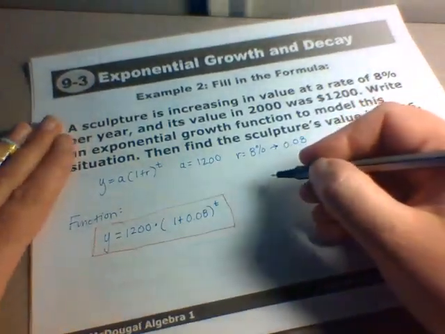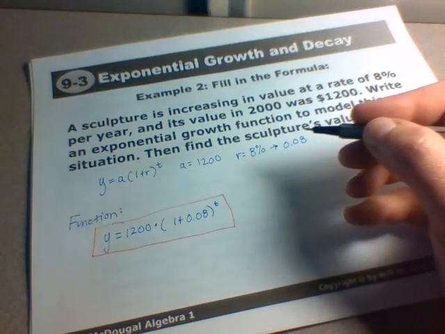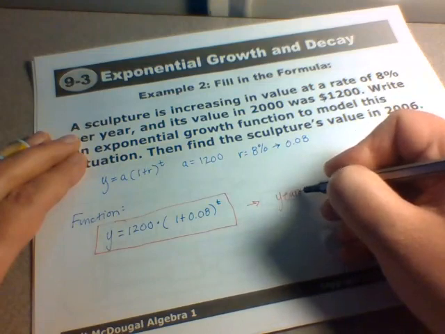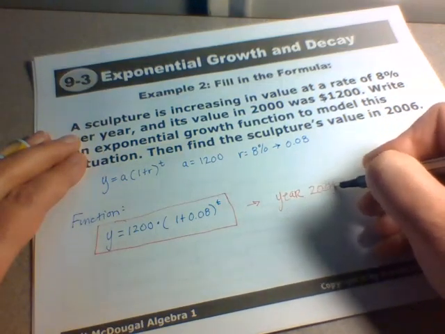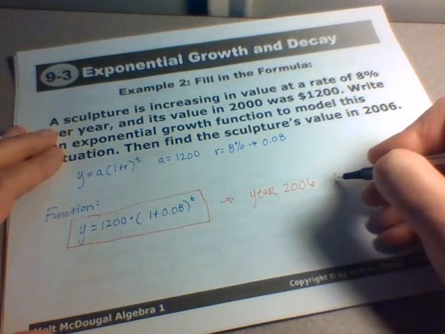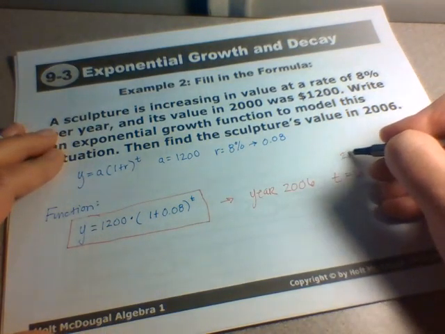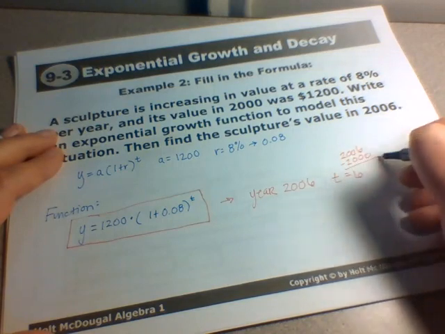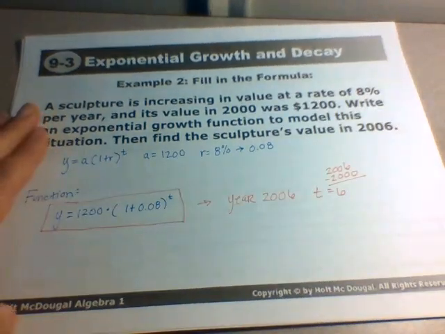Then if we want to solve the equation for the year 2006, remember that the year 2006 is actually going to represent a t of 6, because we're taking 2006 and subtracting the year 2000 when the price was mentioned, and so we'll have 6 for our t. We're not going to plug in 2006.